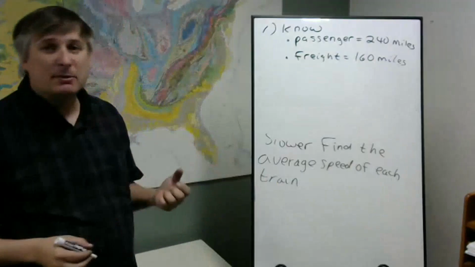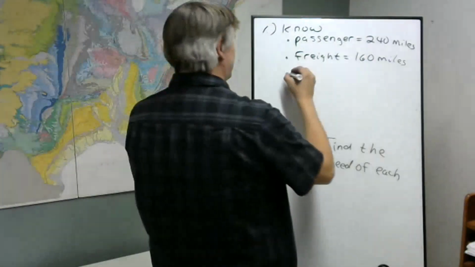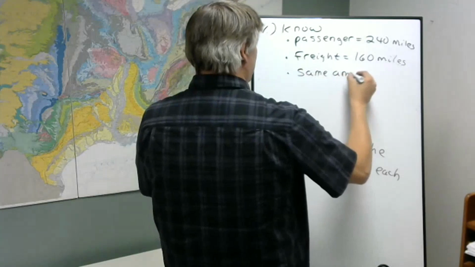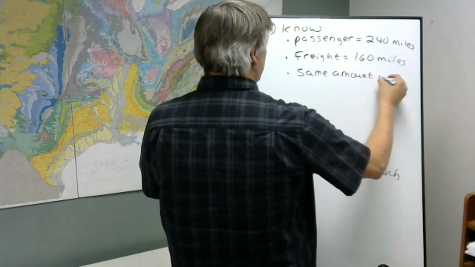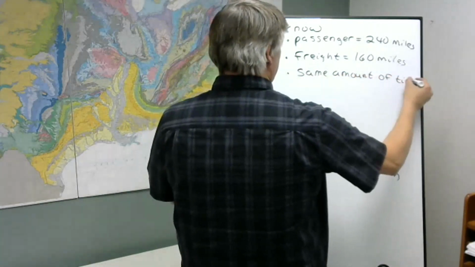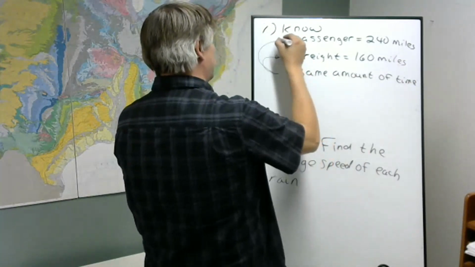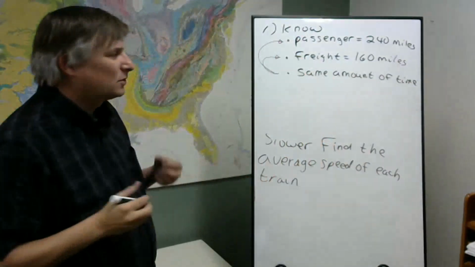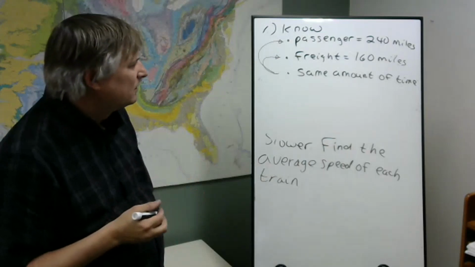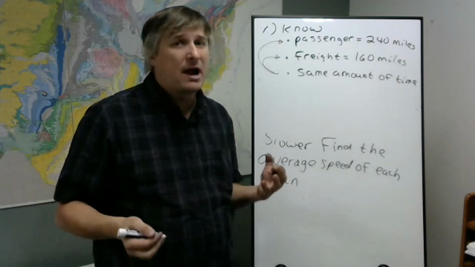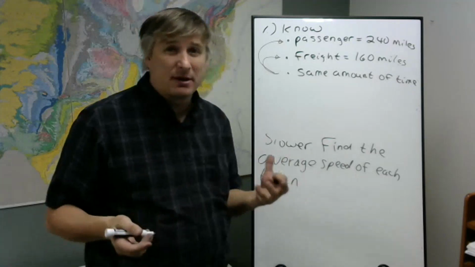And this is in the same amount of time. We also know that the freight train is 20 miles per hour slower. So we do know something about rates.